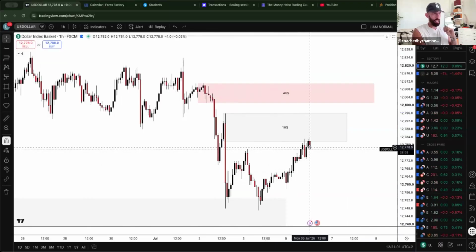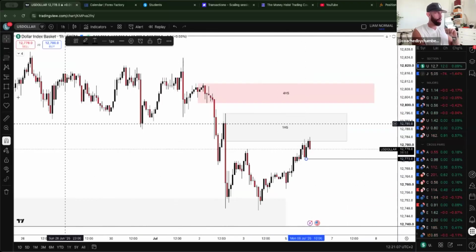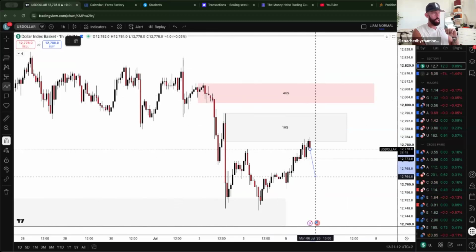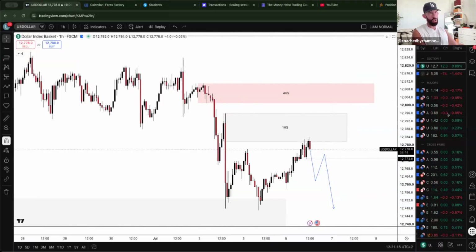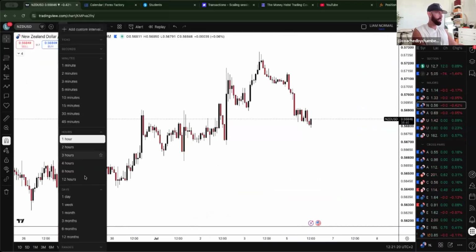And as you can see, the internal at this moment in time is bullish. So if we can potentially get a break here and it's nice and clean, then you could obviously potentially look for the shorts on the dollar, longs on the major pairs. So hopefully that makes sense.